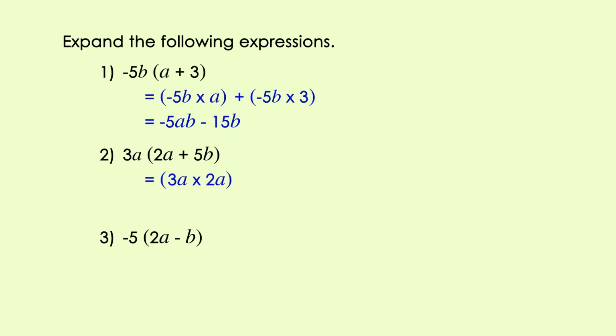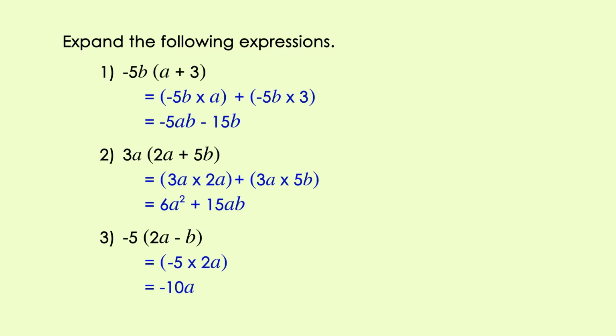3a times 2a is equal to 6a squared. And our next term is 3a times 5b is equal to 15ab. Children, let us try the last question. Negative 5 multiplied by 2a is equal to negative 10a.